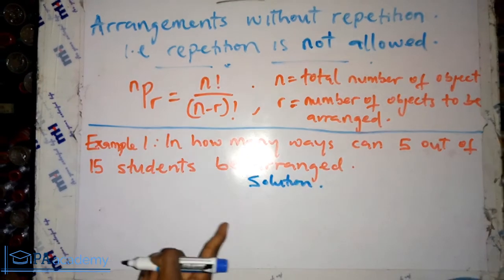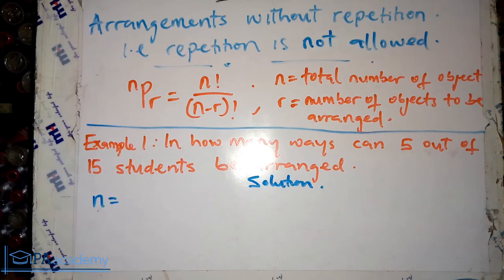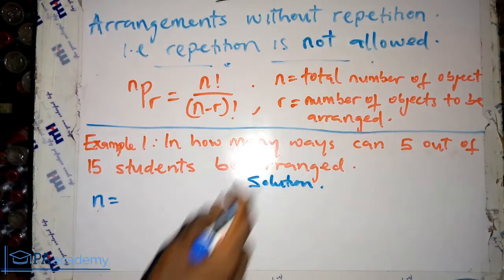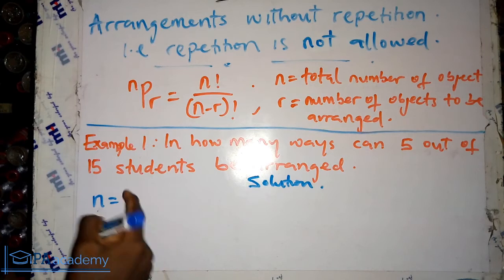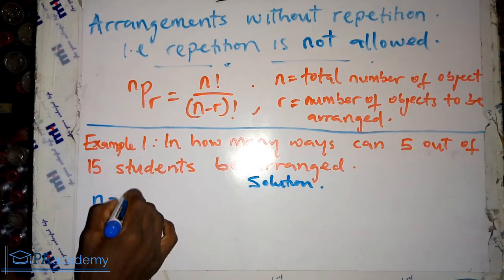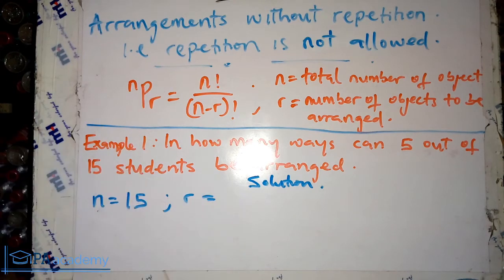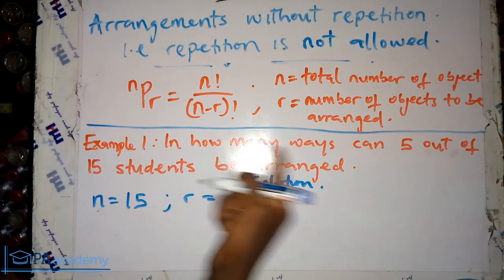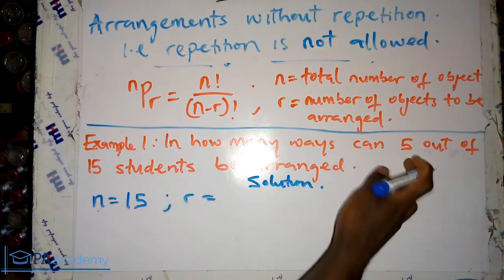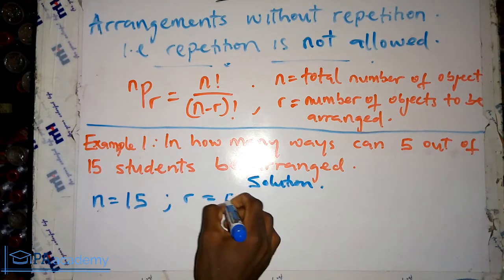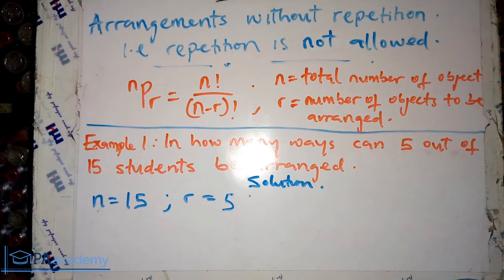Let's find the value of n, which is the total number of objects. The total number of objects in this question is 15. And r, which is the number of objects to be arranged, in how many ways can 5 out of 15, so that means it's 5 that want to be arranged. It is 5.